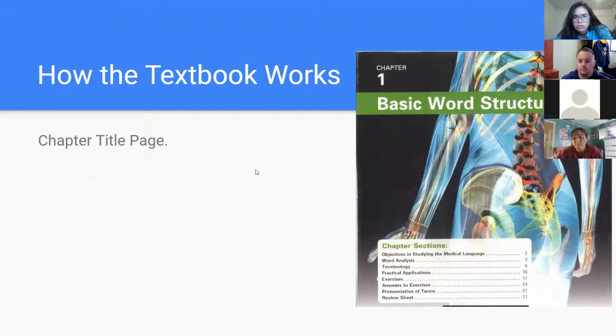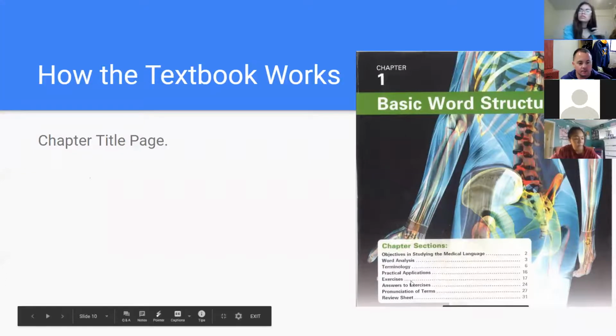Okay. So we're going to get into the textbook a little bit, and it'll be a lot easier for you once I share that with you in the classroom. So in a minute, I'll go ahead and put that on the classroom. But this is your textbook. This is the Introduction to Health, or the language of health in medicine. Here's how this textbook works.